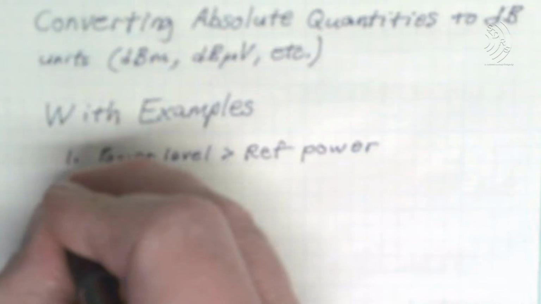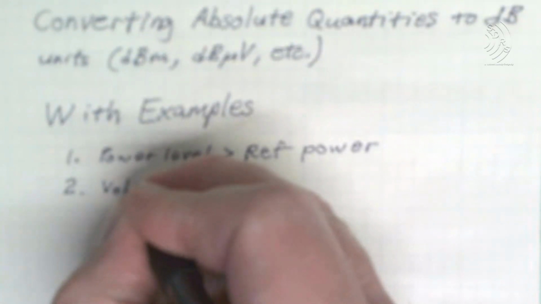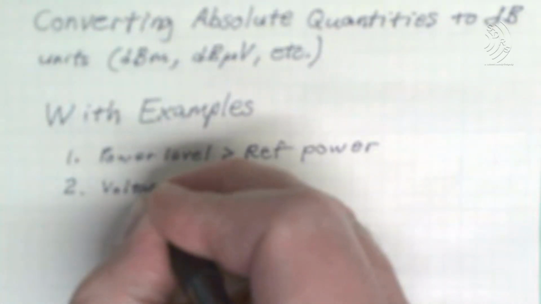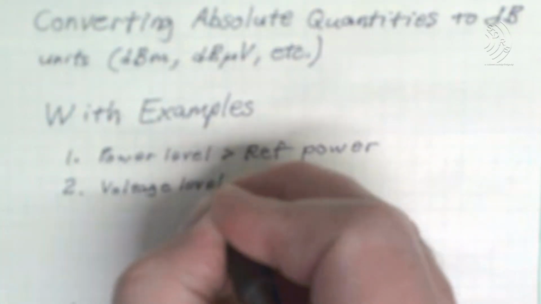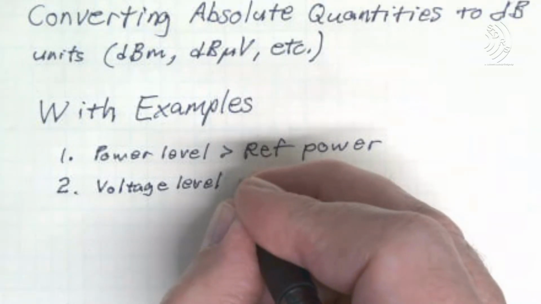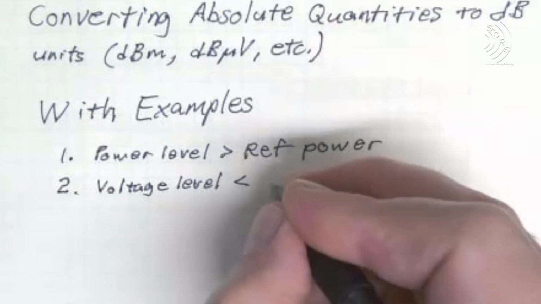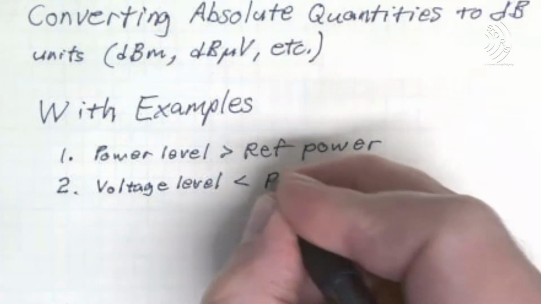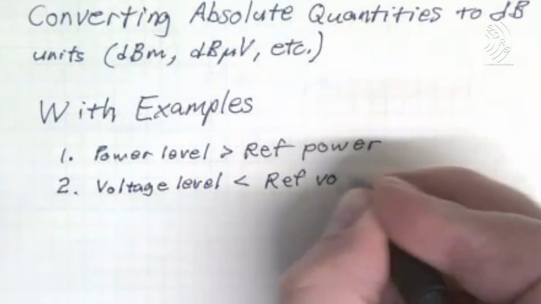In the second example, we'll look at an absolute voltage level and express it in decibel units for the case in which the voltage level is less than some reference voltage level.